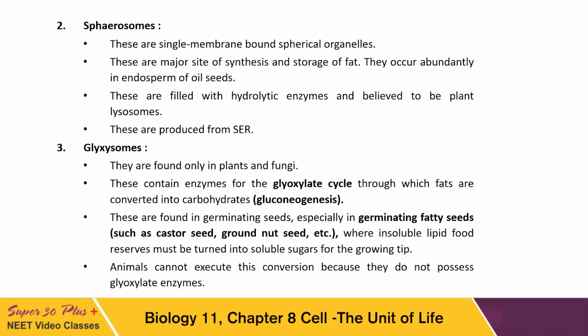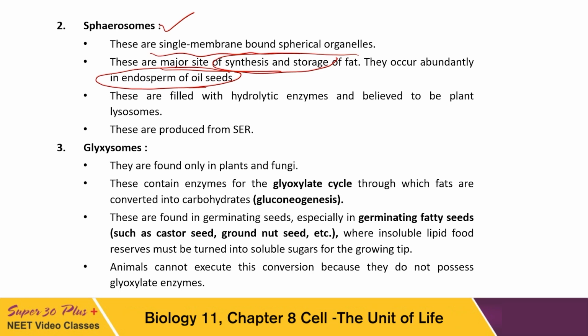All of these are microbodies, single membranous structures. Spherosomes are spherical. This is the major site of synthesis and storage of fat. Fat in fatty seeds, especially oil seeds, will be synthesized and stored. Their endosperm is abundant in spherosomes, where fat will be synthesized and stored.